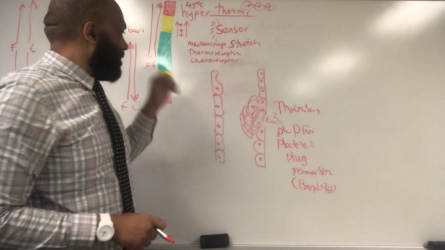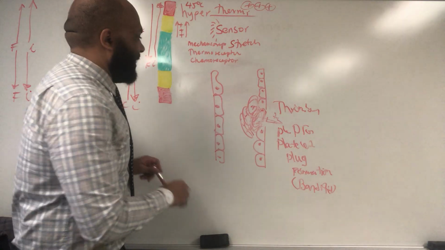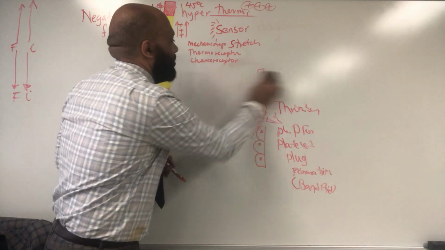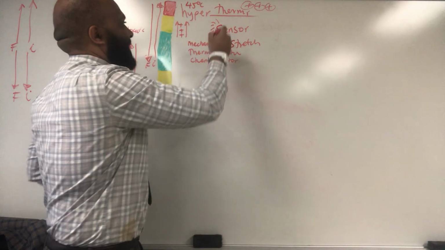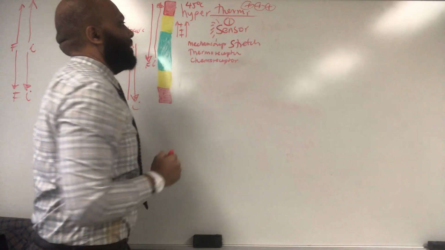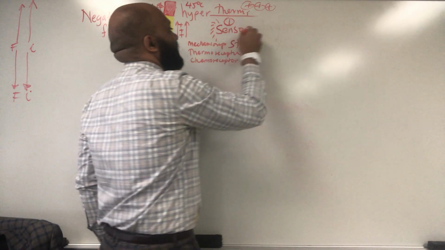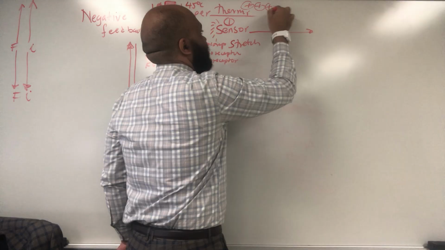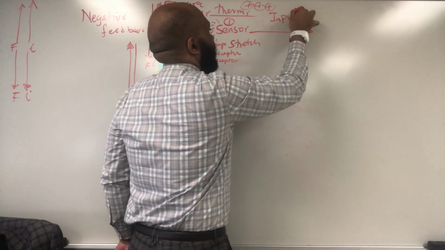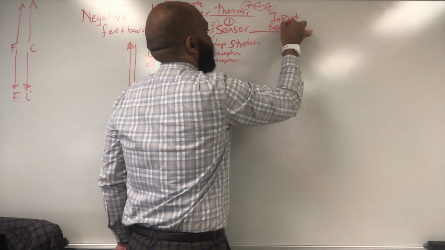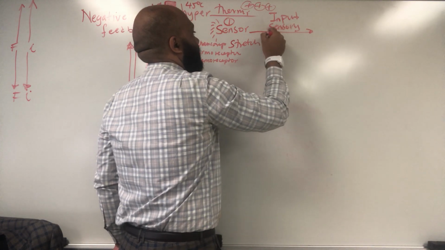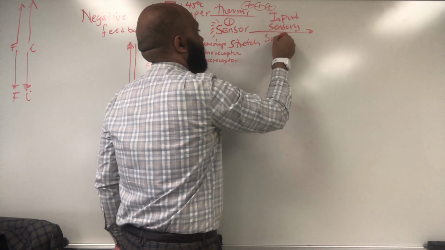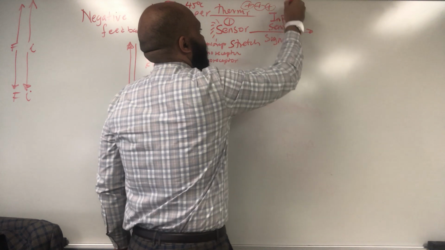Very good. So we said that there is number 1. What's number 1? Number 1 is always a sensor. The sensor is going to send input, a sensory signal, and that is going to be step number 2.